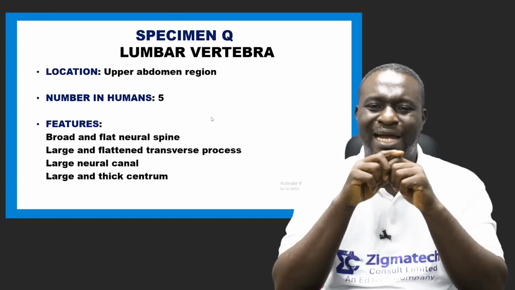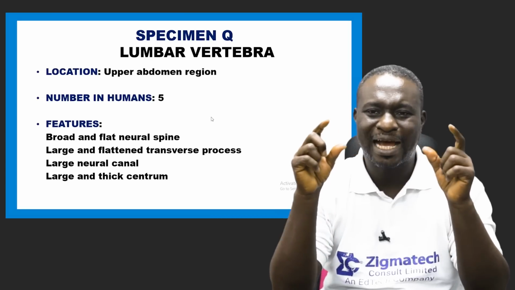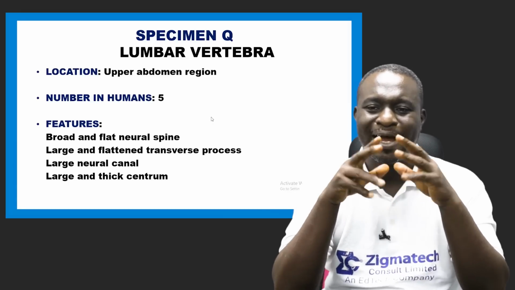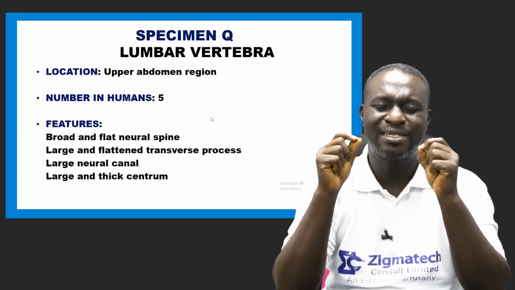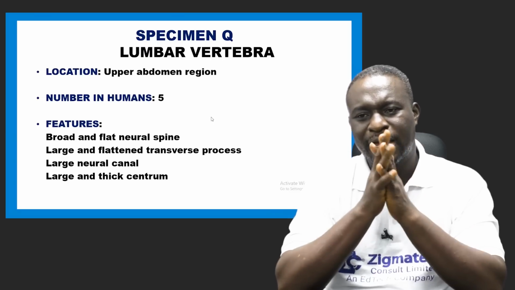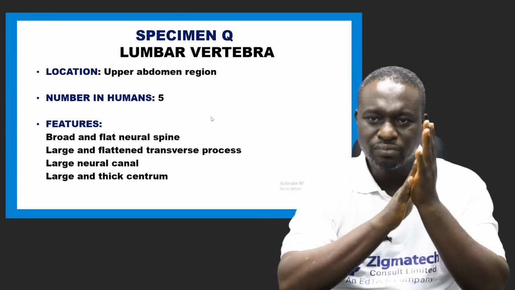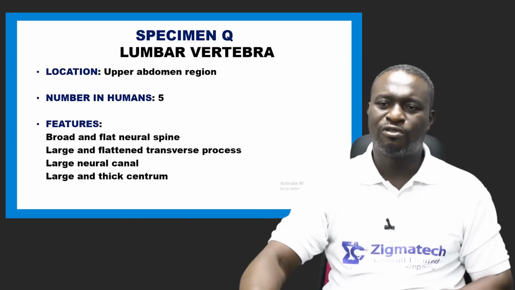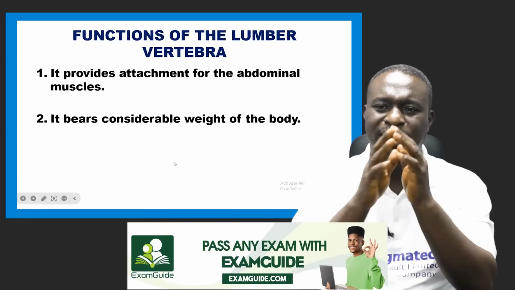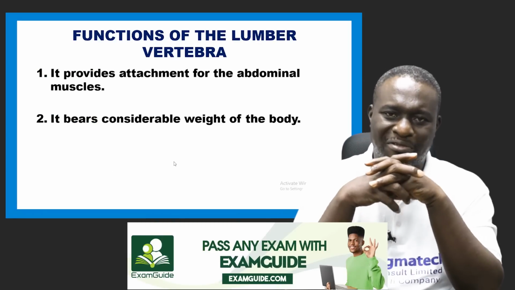Number three, it has a large neural canal. And then number four, it has a large and thick centrum. So these are four important features of the lumbar vertebra. Now let's take a look at functions of the lumbar vertebra.